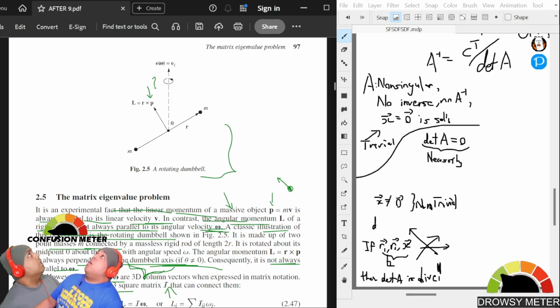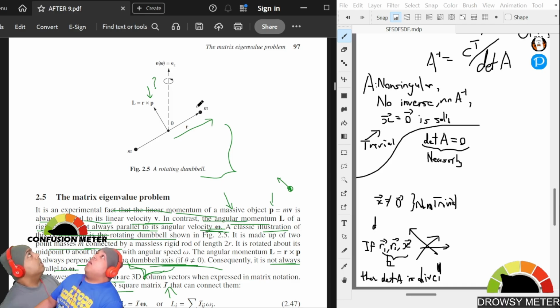A classic illustration of this observation is a rotating dumbbell. It is made of two point masses M connected by a massless rigid rod of length 2r, rotated about its midpoint O with angular speed omega. Angular momentum L equals r cross p. So r is here.